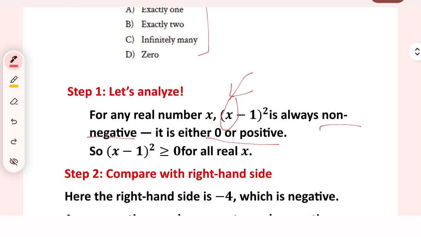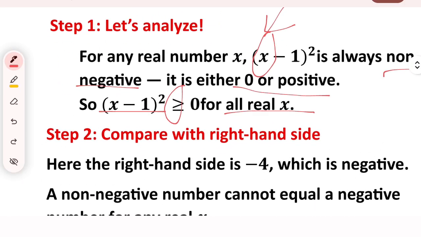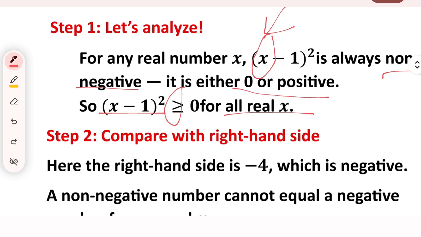So (x minus 1) squared is greater than or equal to 0 for all real numbers x. Whatever you substitute, as long as it's a real number, the answer would always be greater than or equal to 0.